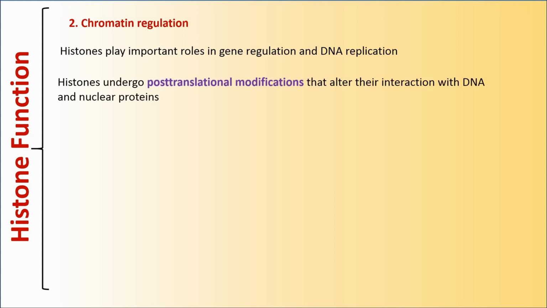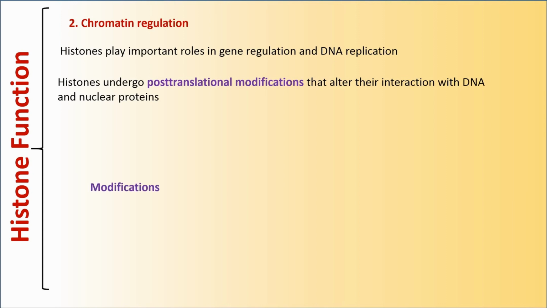Number 2. Chromatin regulation. Histones play important roles in gene regulation and DNA replication. Histones undergo post-translational modifications that alter their interaction with DNA and nuclear proteins.